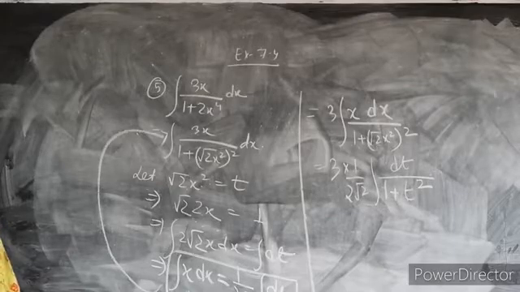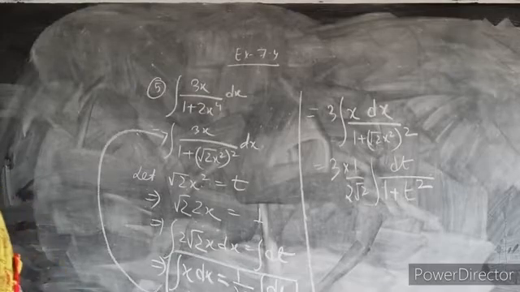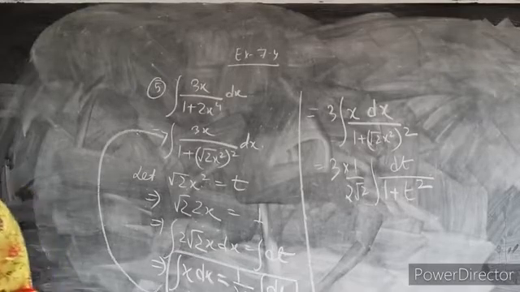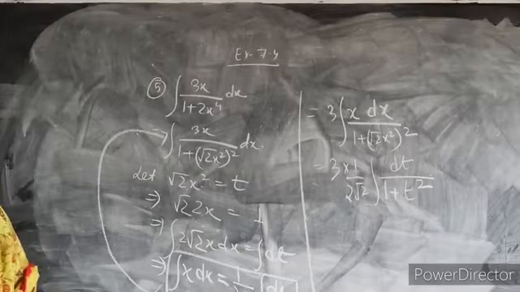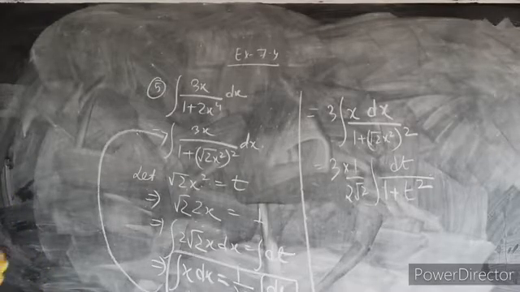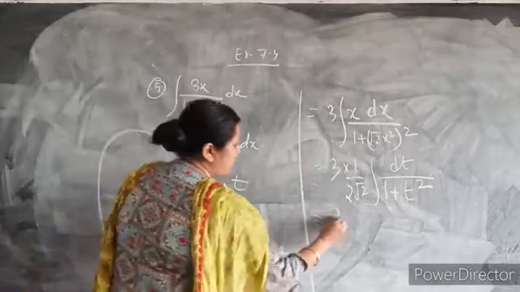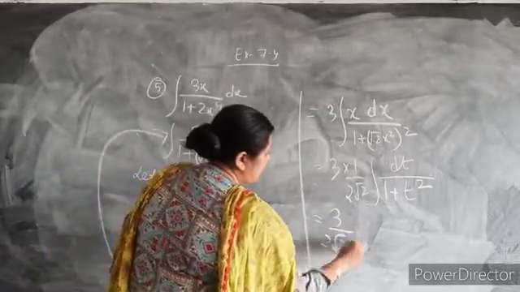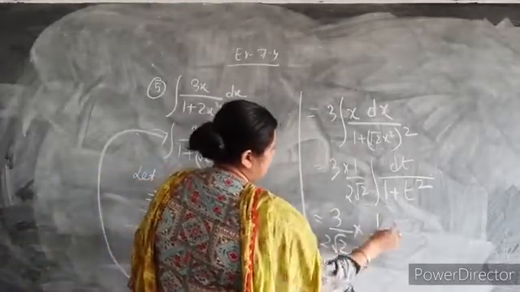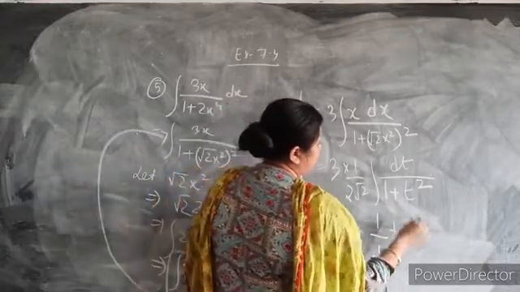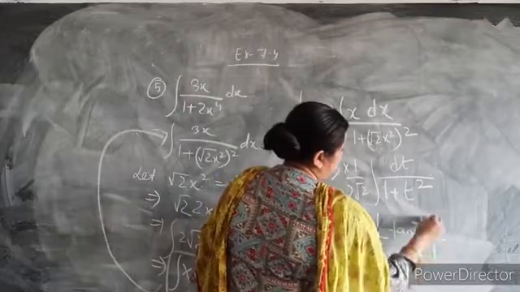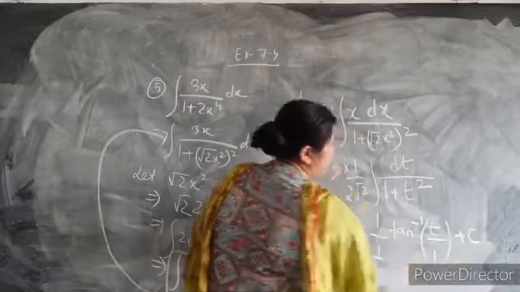Now go through the formula. Integration of 1 upon a square plus x square is 1 by a tan inverse x by a. Since a is 1, it will be tan inverse t plus c.